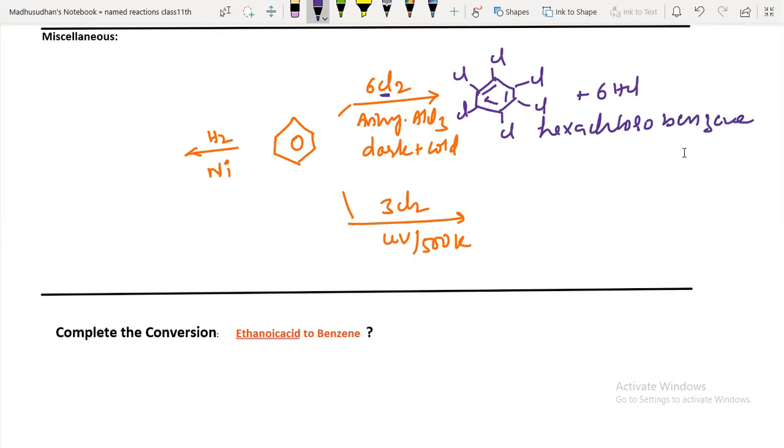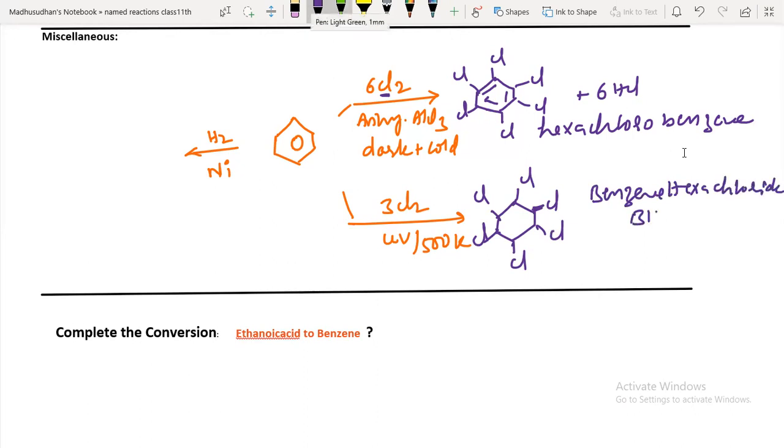Next, benzene on reaction with chlorine in the presence of sunlight, you will get benzene hexachloride, with 6 chlorines on this ring. This is called benzene hexachloride, BHC for short.